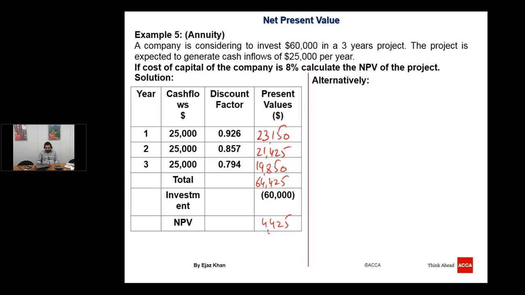So, may I know what's the difference between the question that we have just solved and the previous question?